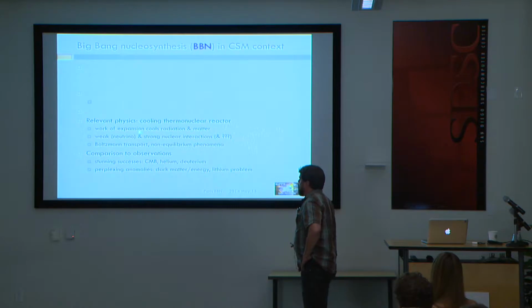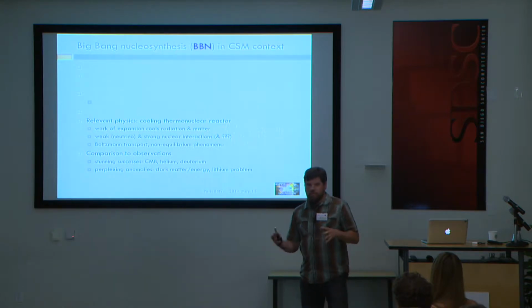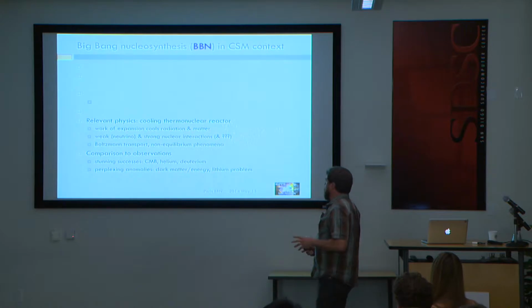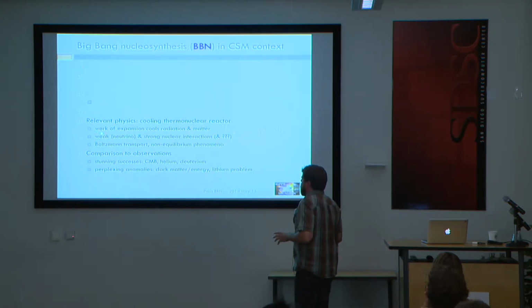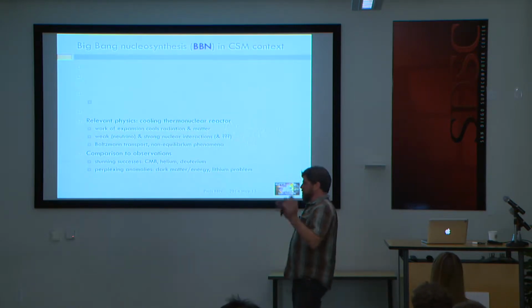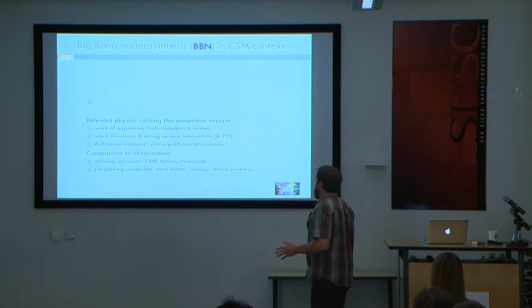there's a lot of very interesting physics that goes into the BBN epoch. The universe should be viewed as a cooling thermonuclear reactor during this part of its evolution. And that's because the work of the expansion of radiation against space-time cools the radiation and matter.